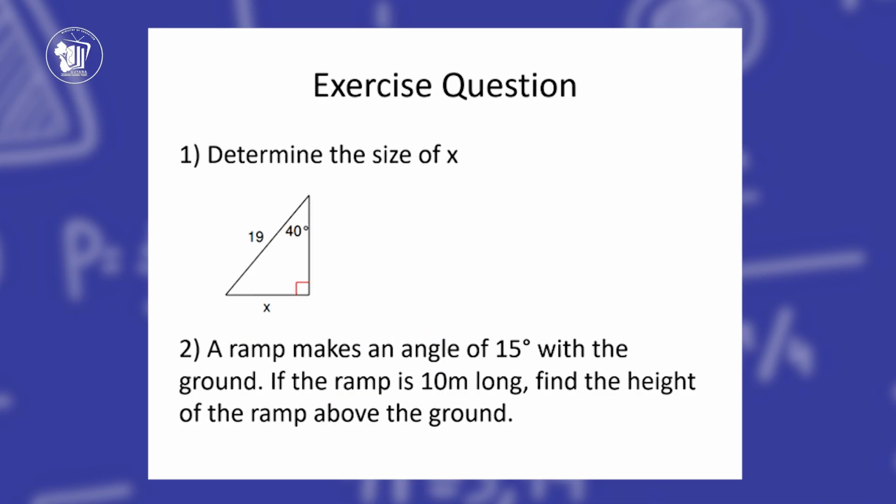But of course I must leave some questions for you to work on your own. So we have the first question, you're asked to determine the size of x. The second one says, a ramp makes an angle of 15 degrees with the ground. If the ramp is 10 meters long, find the height of the ramp above the ground.